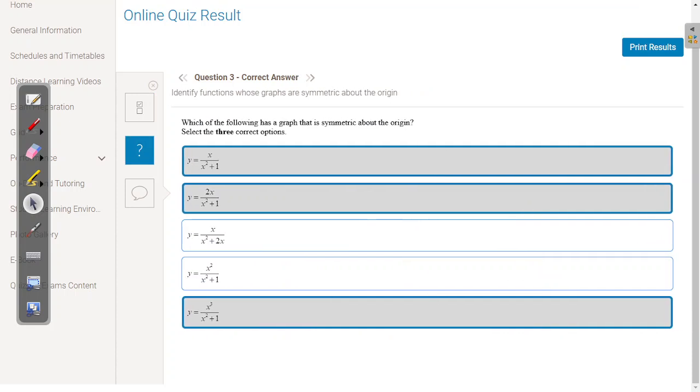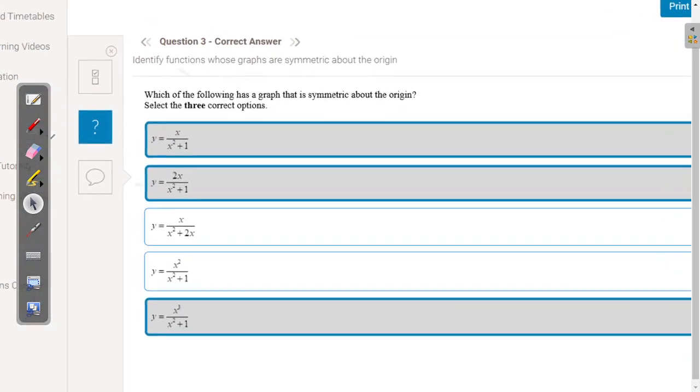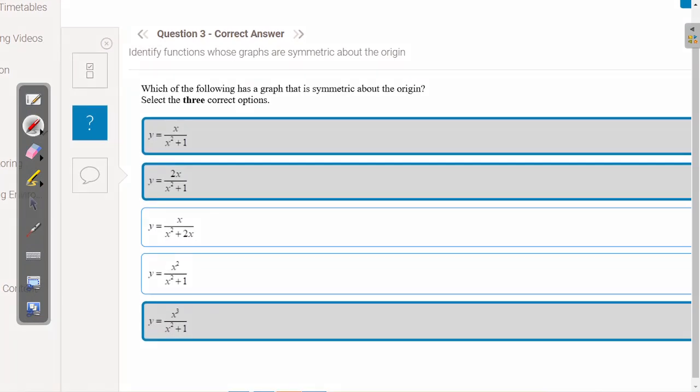Okay. A graph that's symmetric about the origin basically means an odd function. Odd means that when you substitute all x with negative x, it should give the opposite of the equation. So this one, y equals x over x squared plus 1.